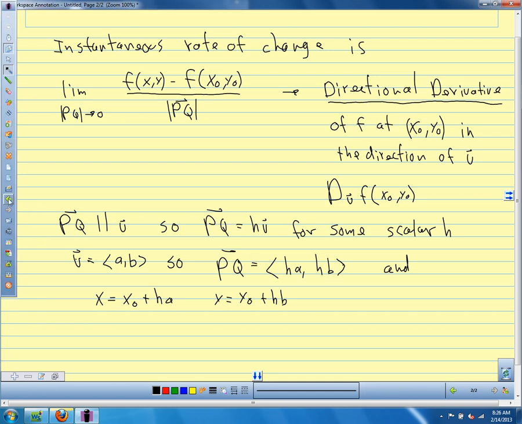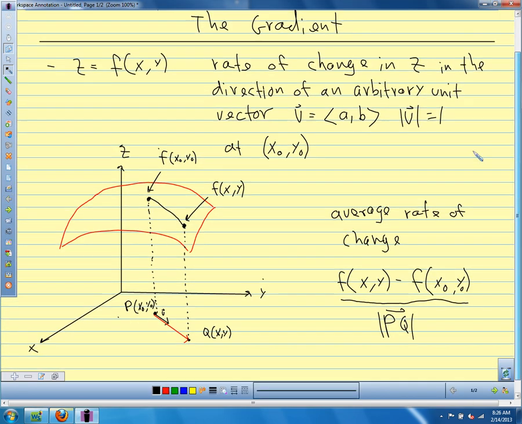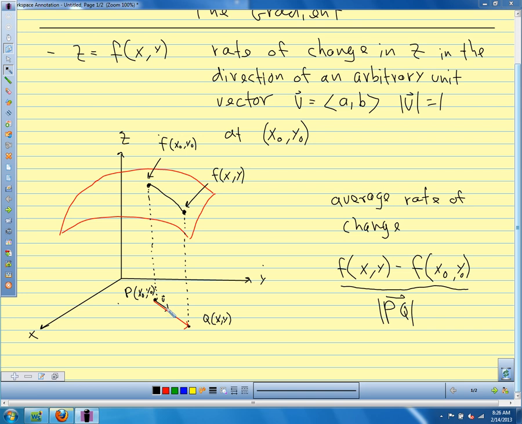Let me go back to the drawing. If we say that our unit vector is ab and h is some scalar, h is going to be the difference in the length of these vectors. So I'm moving h times a in the x direction and h times b in the y direction to get to point Q. That make sense?